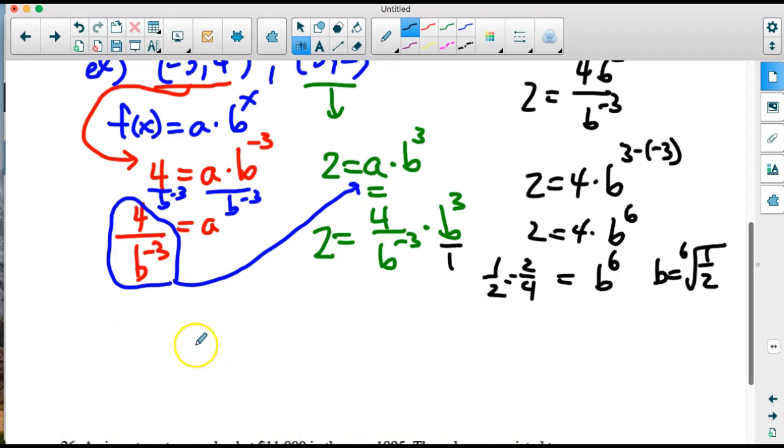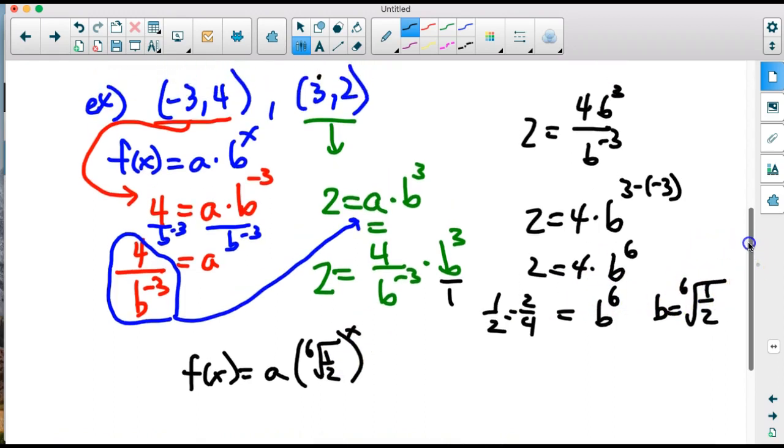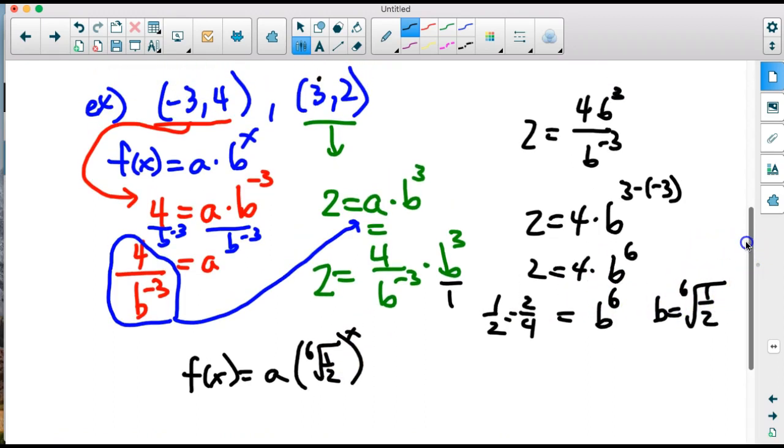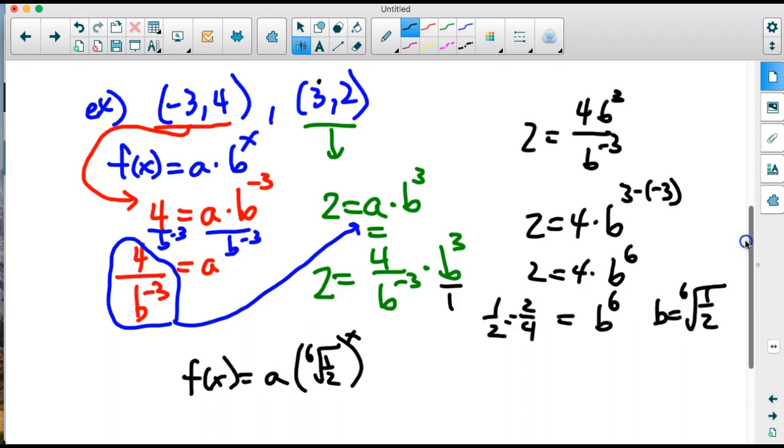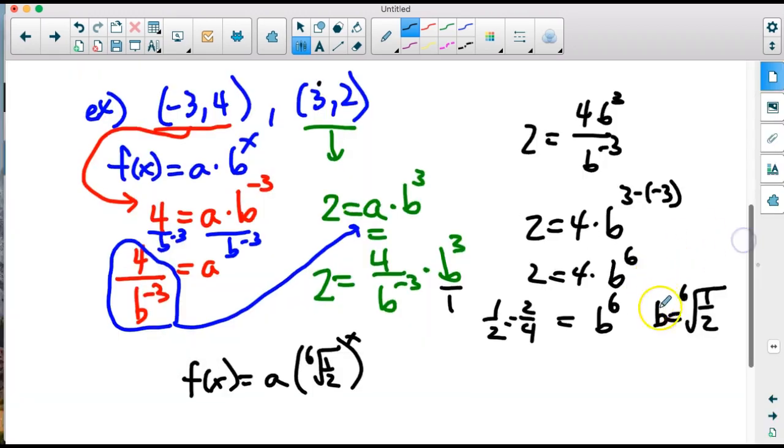Okay, so let's take a look at this in terms of solving this. So we have f of x equals a times the 6th root of 1/2 to the x power. We need to put one of these two points in there to figure out what the value is for a. We could probably just put this in this equation, or this equation right here.